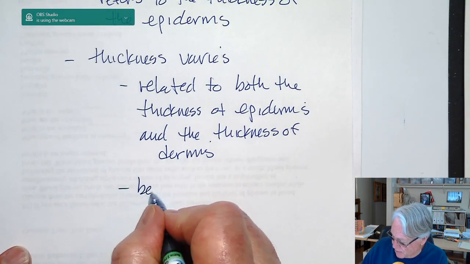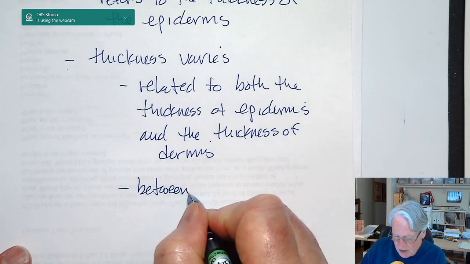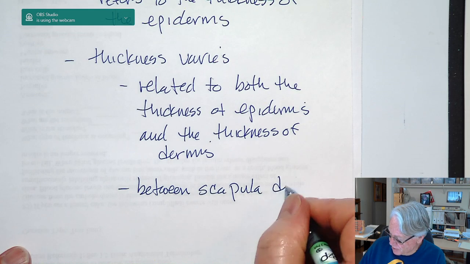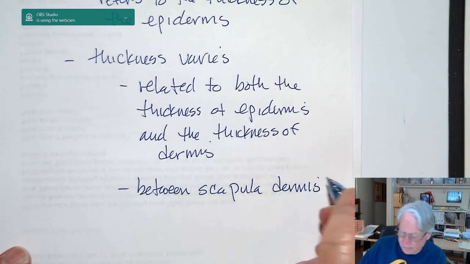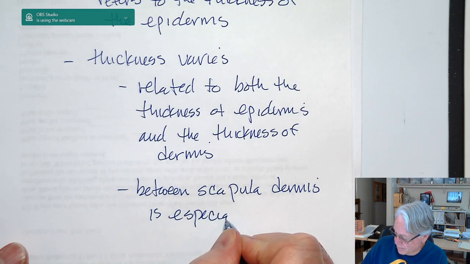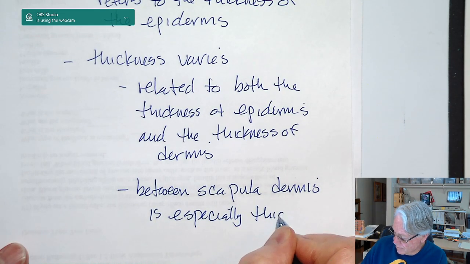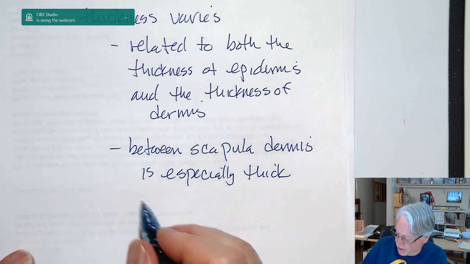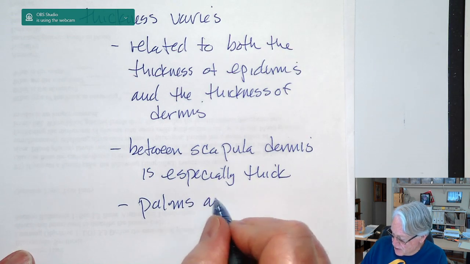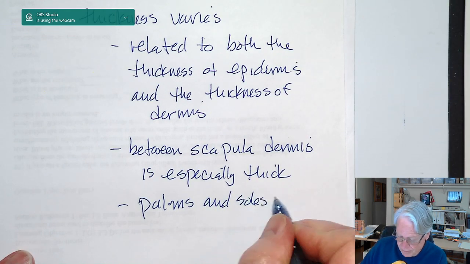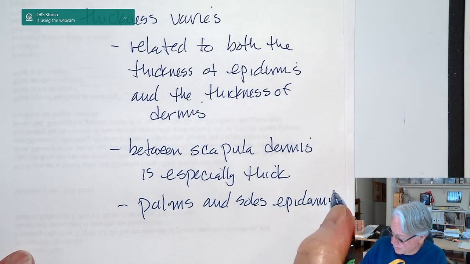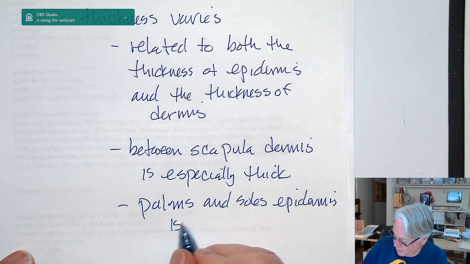Let me give you some examples here. Between, for example, the scapula, the dermis is especially thick. Whereas in the palms and the soles of the feet, the epidermis is thick.